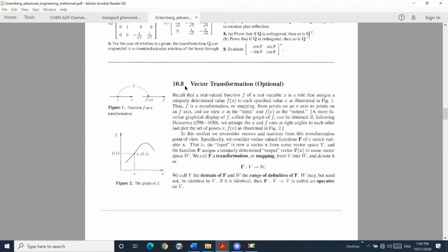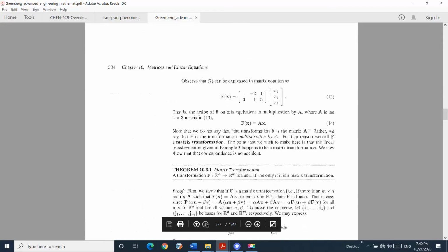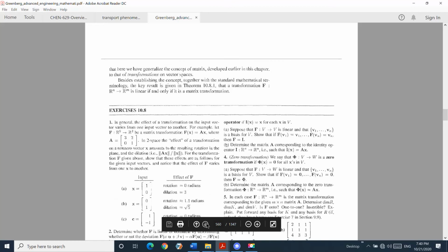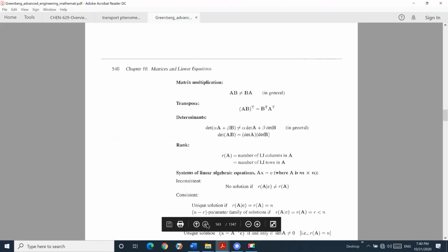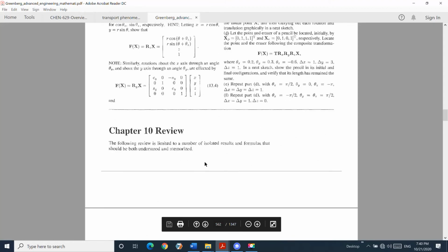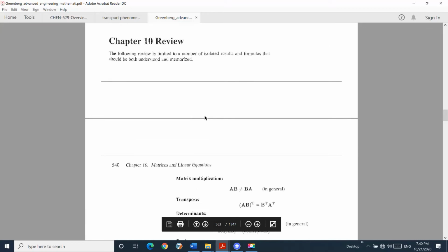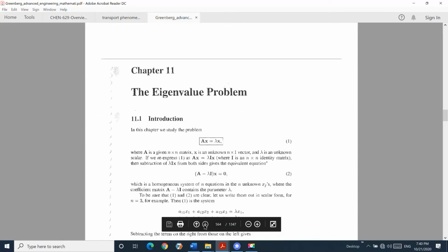Another section, 10.8, gives vector transformation, which is optional. But transformation is very important for our class on transport phenomena to understand the basic concept. So that is the review of chapter 10.